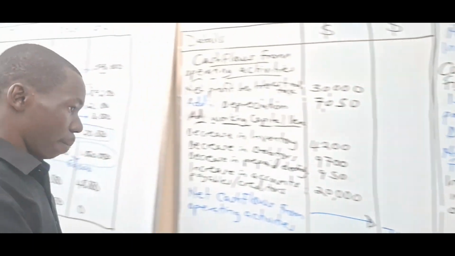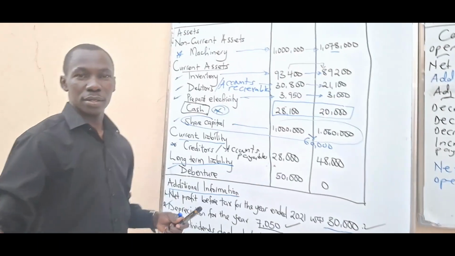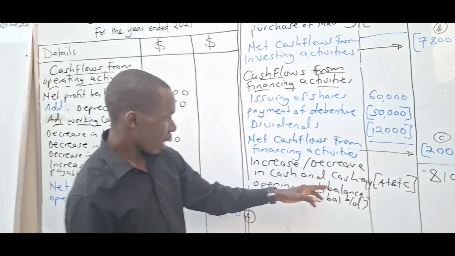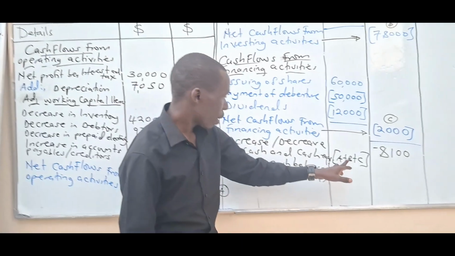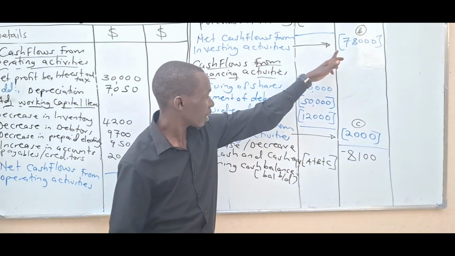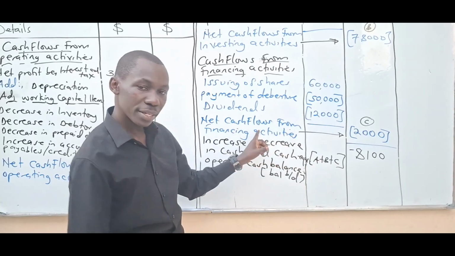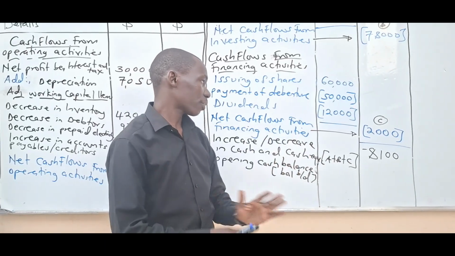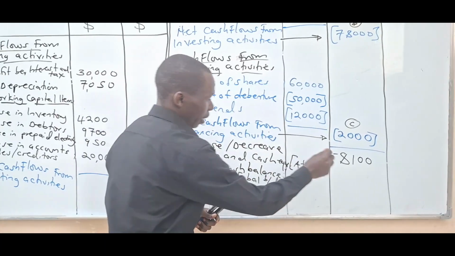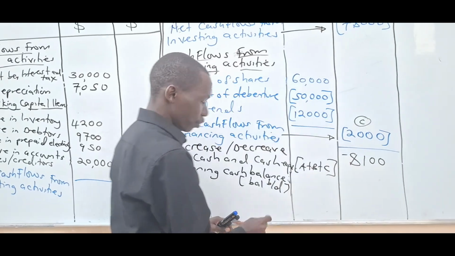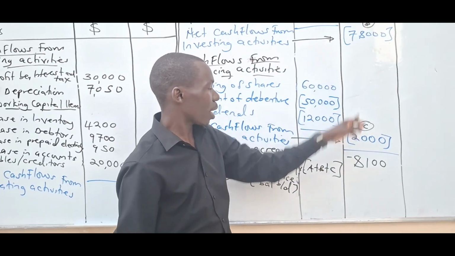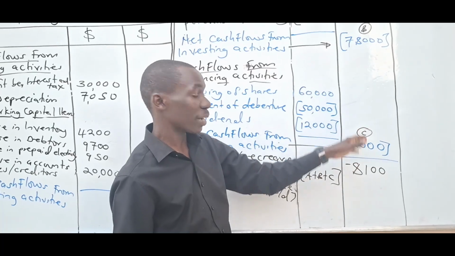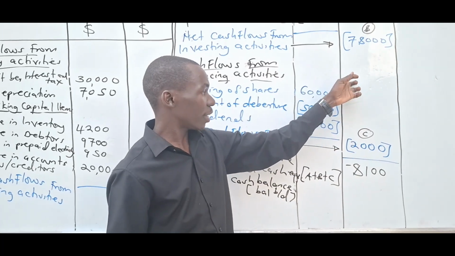You come here. When you add A, net cash flow from operating activities, B, net cash flow from investing activities, and C, net cash flows from financing activities, you get 8,100, but negative, because this is 71,900 and this is 80,000, a negative figure.